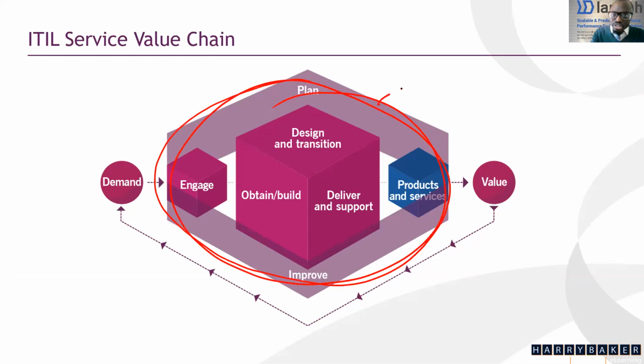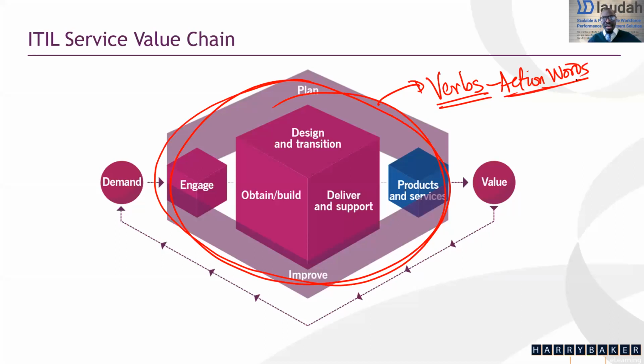And the service value chain, let me write it here, they are verbs. And if you remember, in primary school, we said verbs are action words, okay? They're action words like activities. So there are things that we do to deliver value to a customer or to a set of customers.